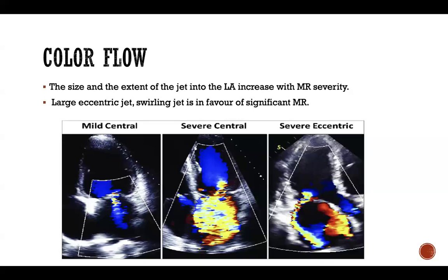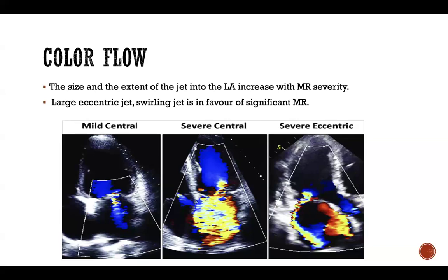And the next qualitative measure is the color flow. By looking at the color flow, we have to be careful about the scale, about the technical part. We look at the size and extent of the jet in the left atrium.